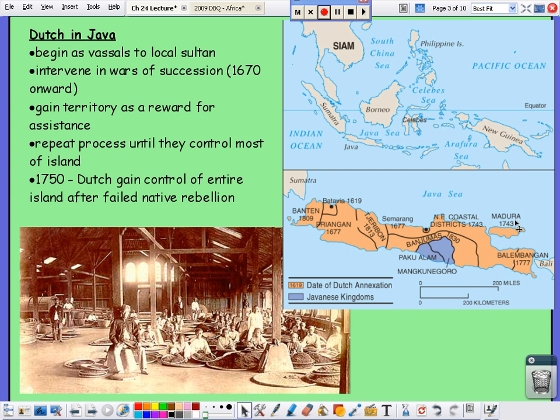And the Sultan is able to maintain power, and as a gesture of thanks, he gives them this small section of the island, which contains an important trade city called Batavia, right on the coast. And the Dutch are now allowed to control that portion of the island of Java. So what do they do with that land?